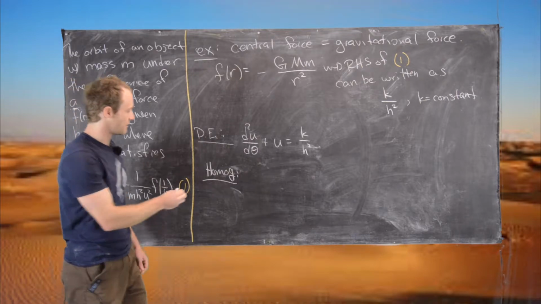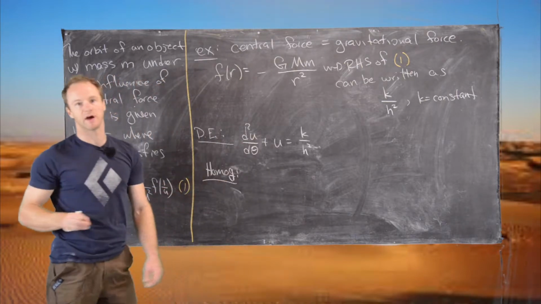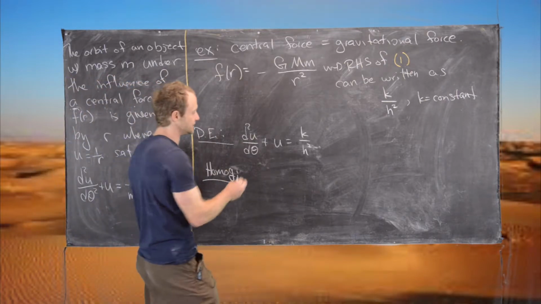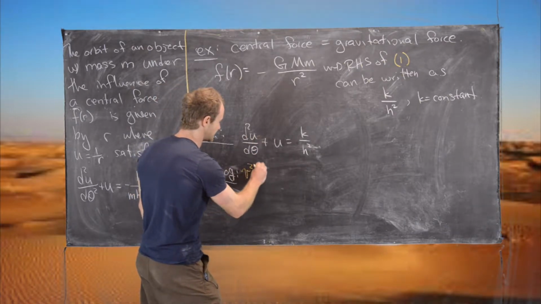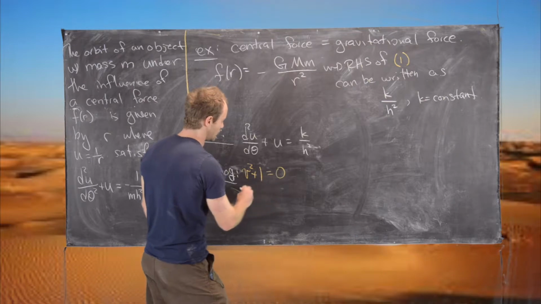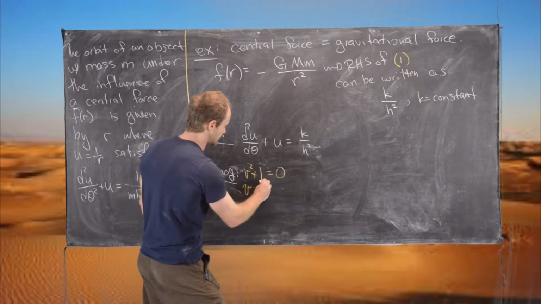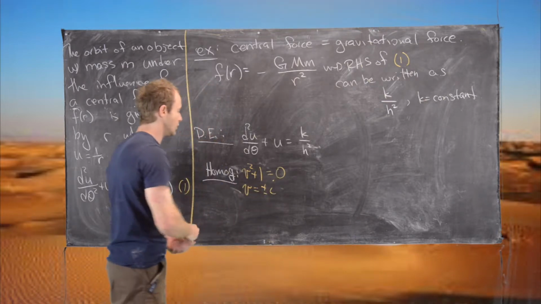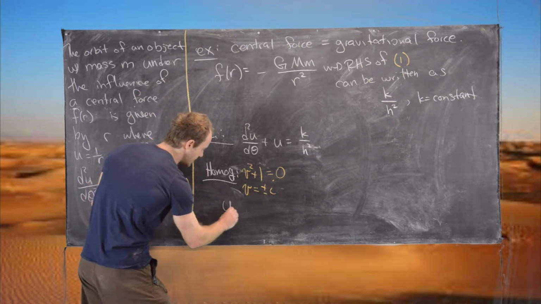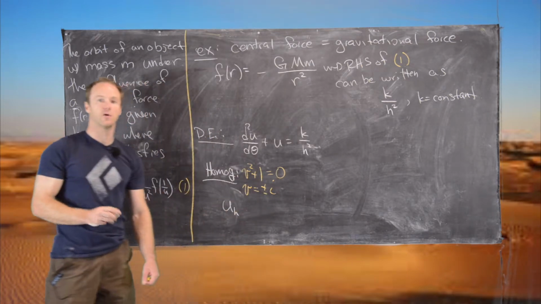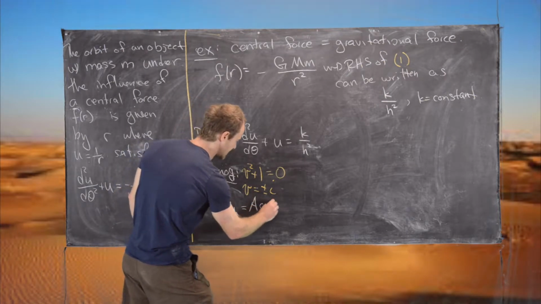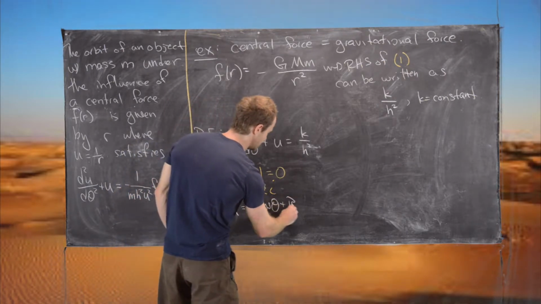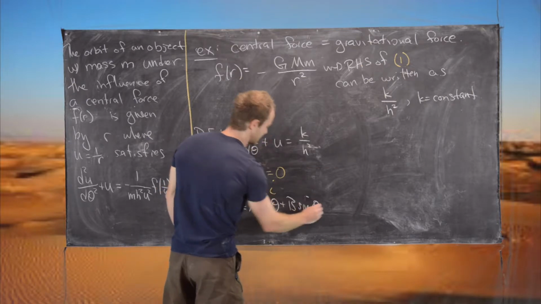Usually I use u as a variable for those, but let's use v because we've already used u. So this is v squared plus 1 equals 0, which has roots v equals plus minus i, which tells you that u_h, meaning the homogeneous solution, is given by a number A times cosine theta plus B times sine theta.